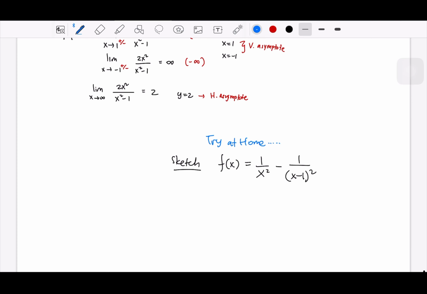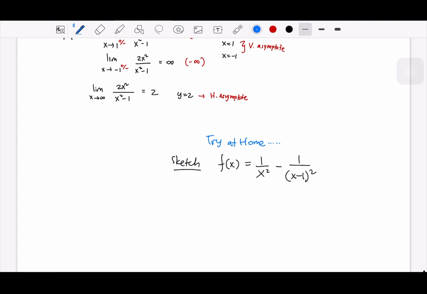Maybe with GeoGebra or any apps you have. On your tablet or phone you will have some calculator for graphing. I think there will be some apps, GeoGebra, Desmos, and maybe Wolfram also. You can check how it goes and try using calculus to do your own part.